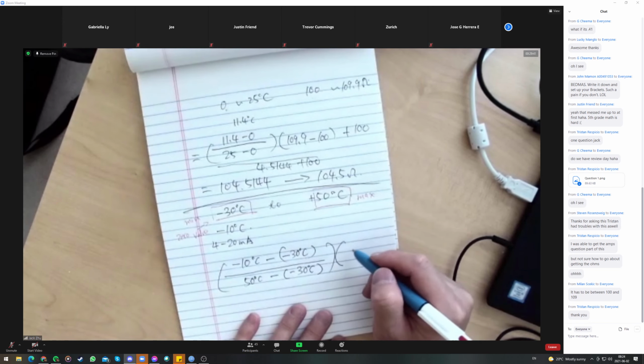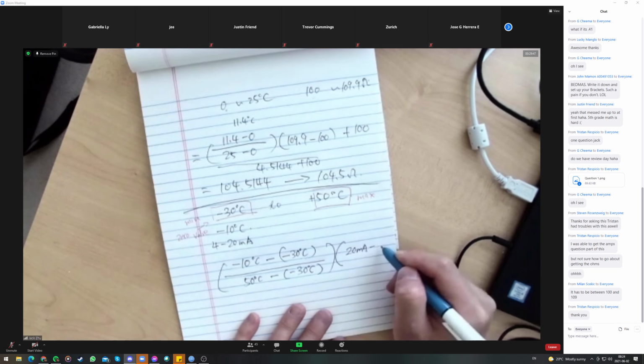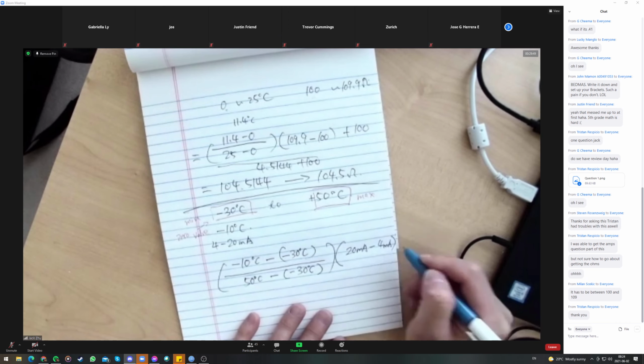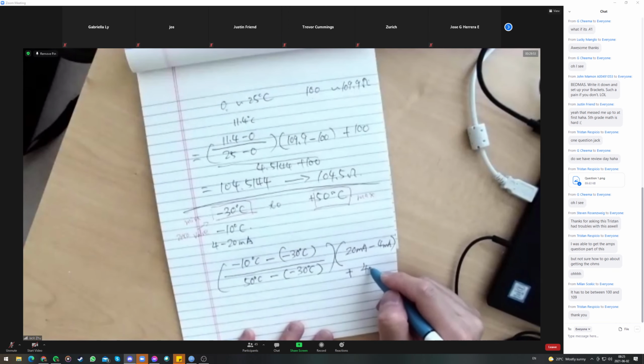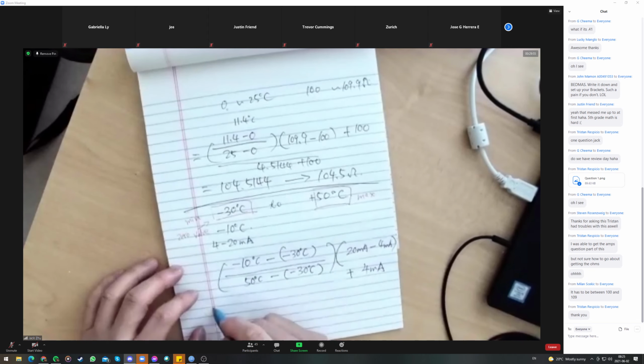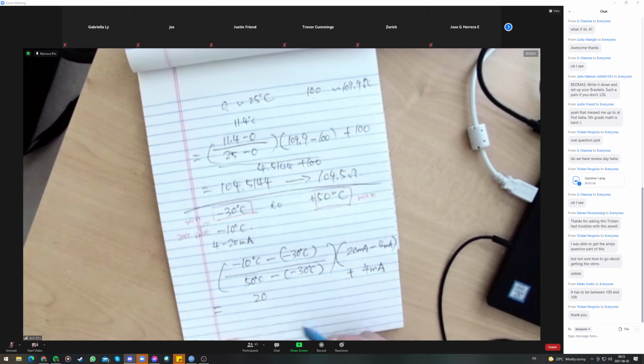Your current is between 20 milliamps subtract 4 milliamps. Then at the end, you have to add the 4 milliamps. So the top, -10 subtract -30, gives you 20.